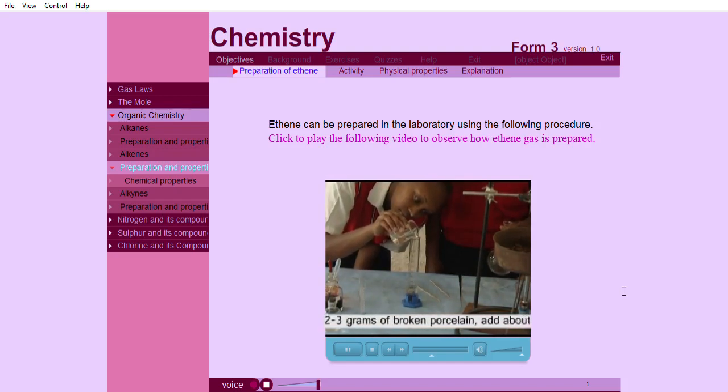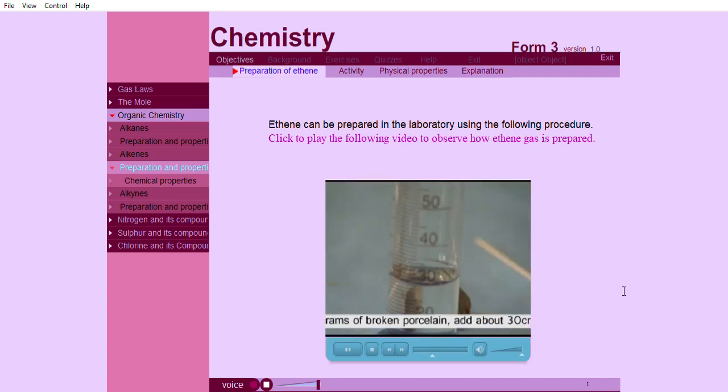And slowly add 30 centimeters cubed of concentrated sulfuric acid while shaking and cooling.